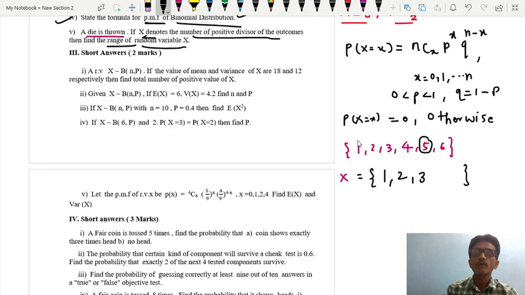Divisors of 6 are 1, 2, 3 and 6, so total 4 divisors. Since x denotes the number of positive divisors of the outcomes, the range set of x is 1, 2, 3, 4.